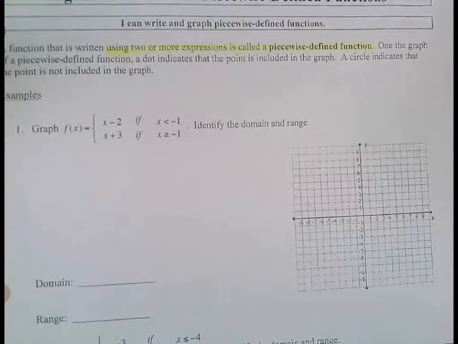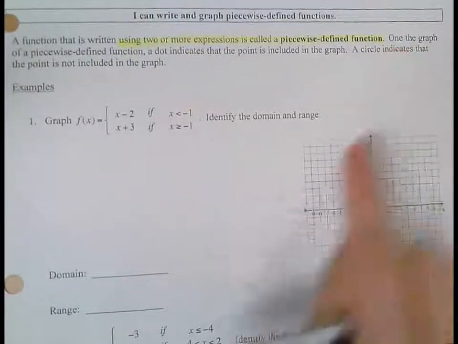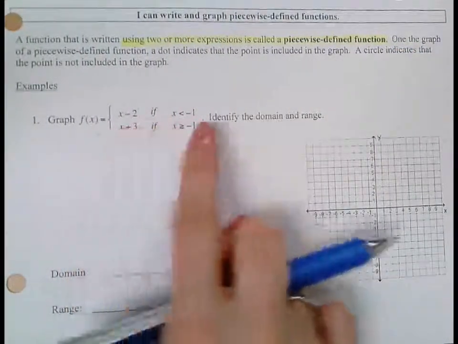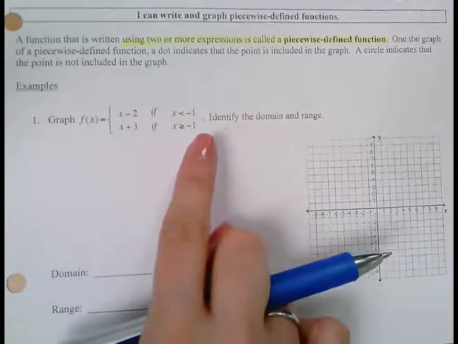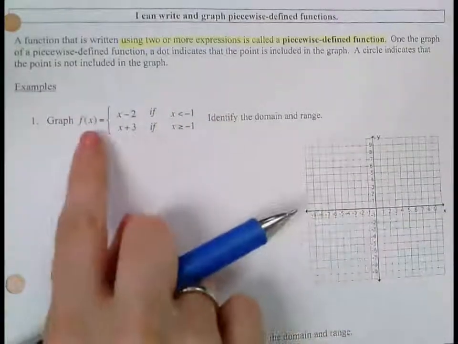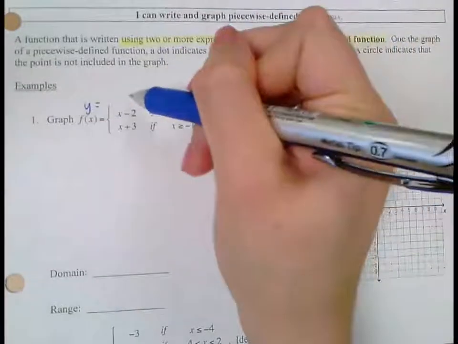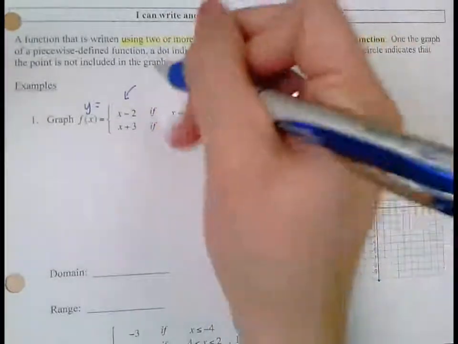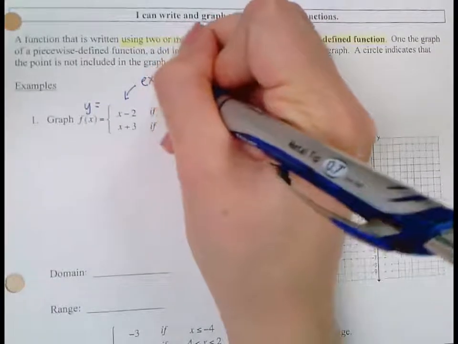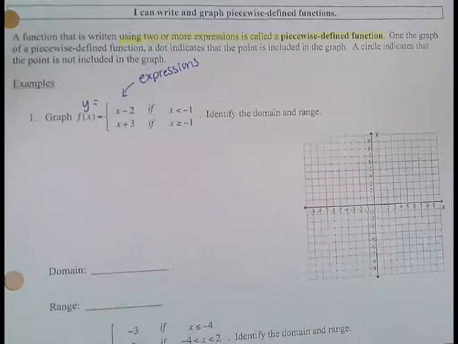One thing I want to explain before I talk about what is indicated up here is in this function, if you just look at example 1, so the equation of what a piecewise defined function looks like. So it's f of x equals, which again, remember f of x is the same as if we said y equals. The first column, the x minus 2 and the x plus 3, those are expressions in the piecewise defined function.